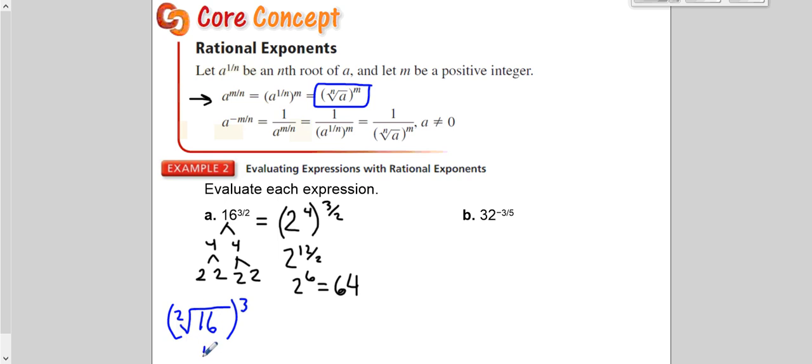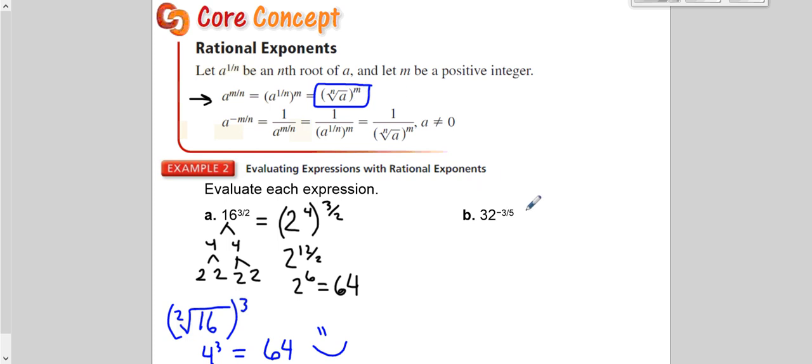The square root of 16 is 4, and 4 cubed is 4 times 4 times 4, 64. Same answer, two different routes to get there. In the first one, I broke it up into two separate numbers, and the second one I did this way.